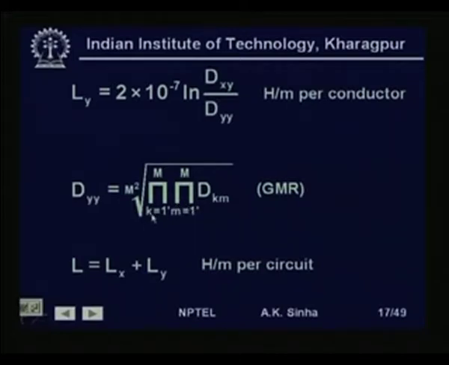That is, for each subconductor to all the subconductors in conductor y, we will find out the geometric mean distance, and that is what we call as the GMR or the self GMD for that conductor, and the total inductance will be sum of the inductance for conductor x and conductor y, because both these are in series.